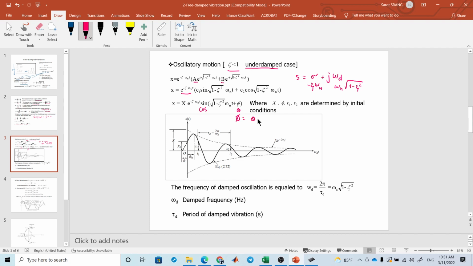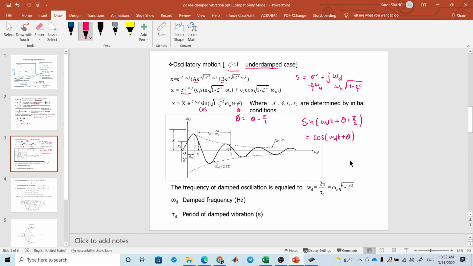So you have sine of omega d t plus theta plus pi over 2, which gives cosine of omega d t plus theta, correct?